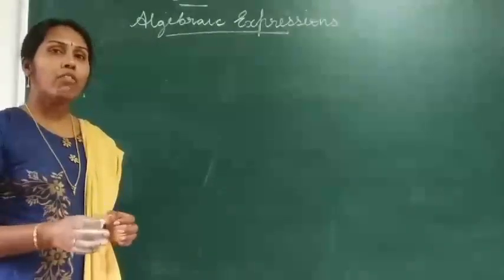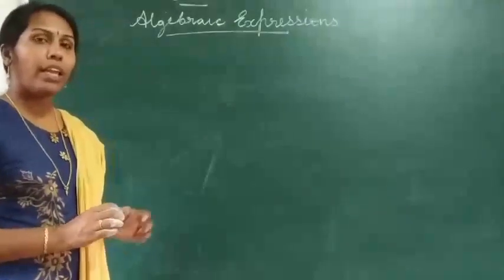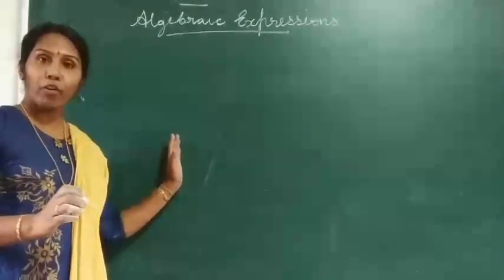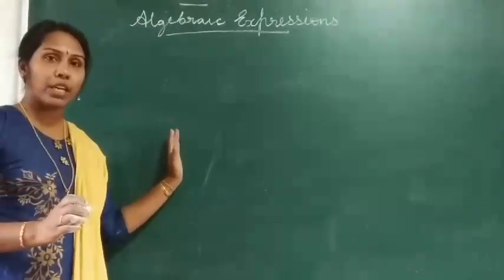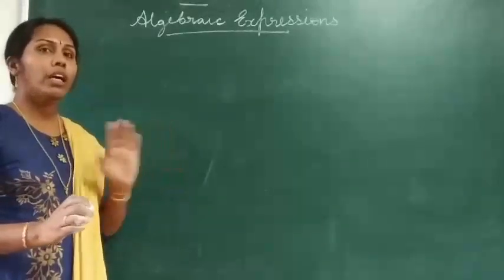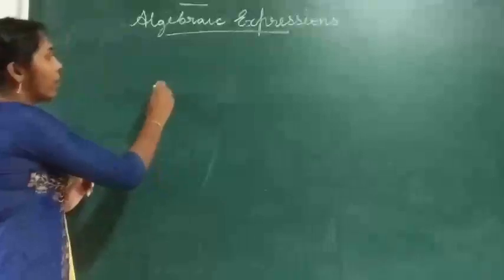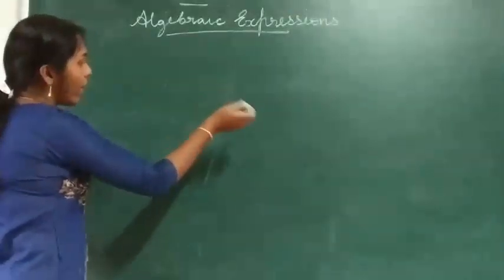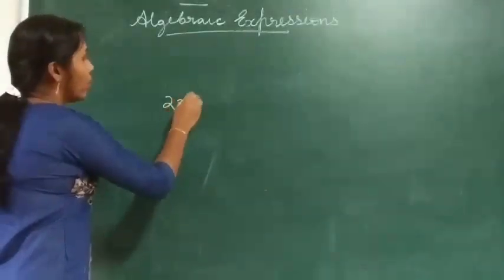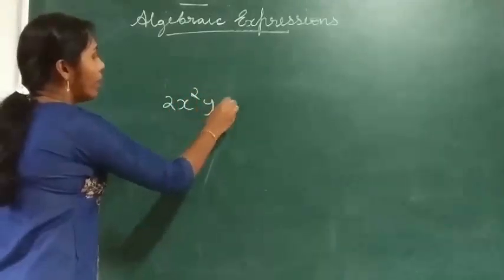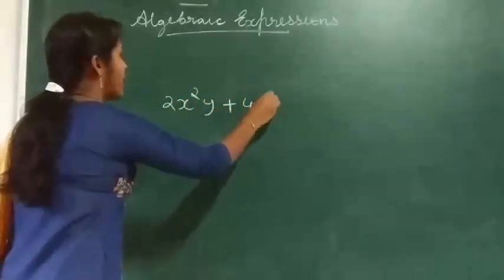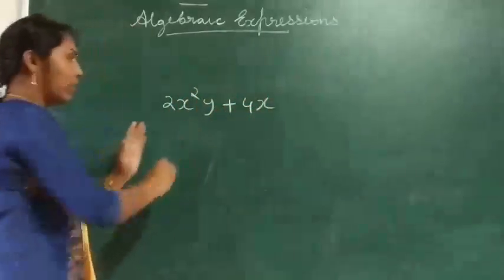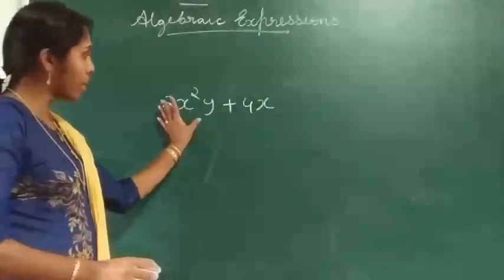Now let us see what are coefficients. Any factor of a particular term in an algebraic expression is known as the coefficient of the remaining factors. For example, let us consider an algebraic expression, 2x square y plus 4x. Now, in this expression let us consider the first particular term.